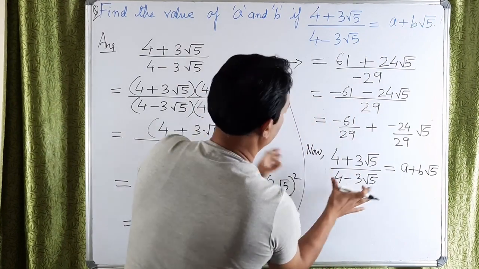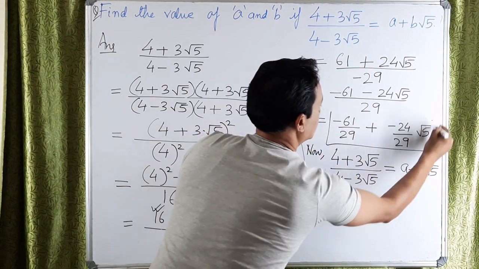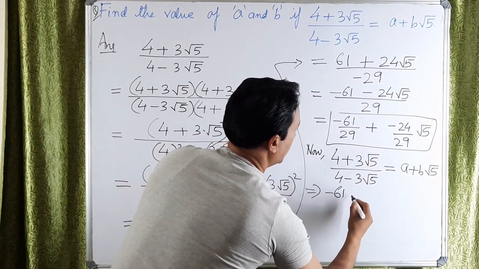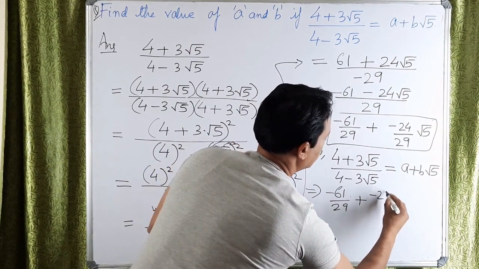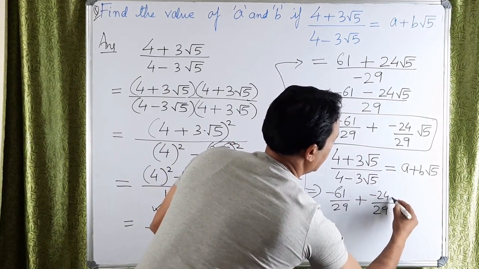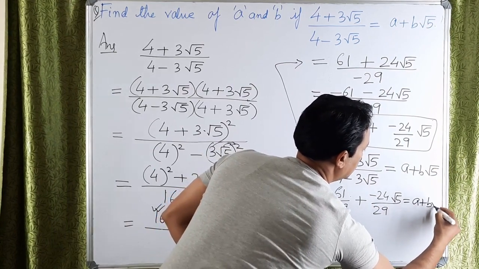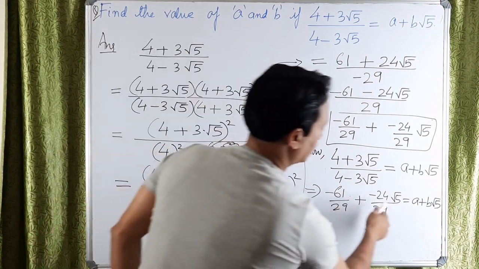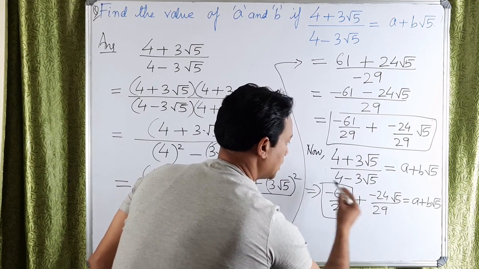Now, when we calculated this whole part, we got this answer. So that means this came out to be minus 61 by 29 plus minus 24 by 29 root 5 is same as A plus B root 5. So let's compare now left hand side. Comparing, what do we get? Now you see what is the number here.